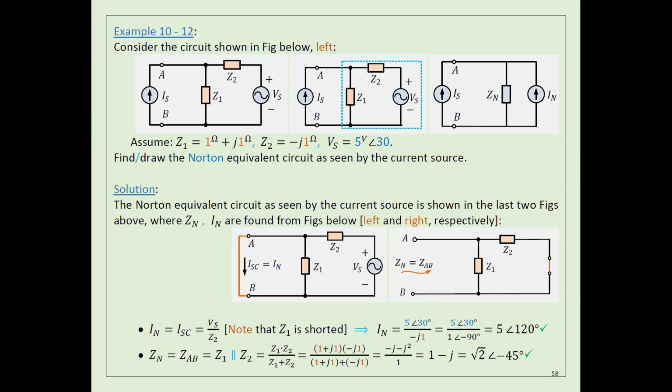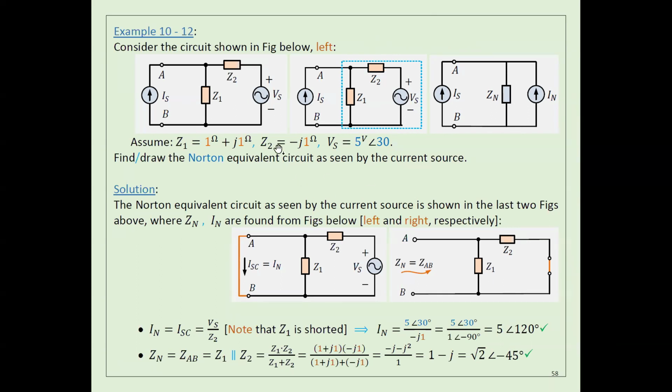As you see here, I Norton should equal Vs divided by Z2, because this one cancels. Vs is here, Z2 is here, and you can calculate it. Once you have IN and ZN, this circuit is equivalent to this circuit after using Norton.